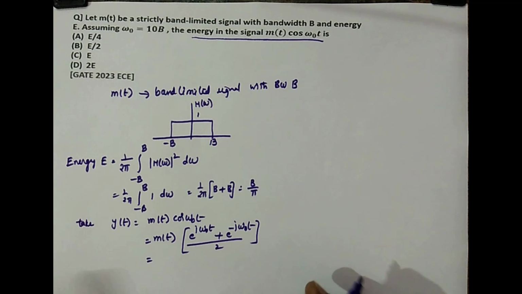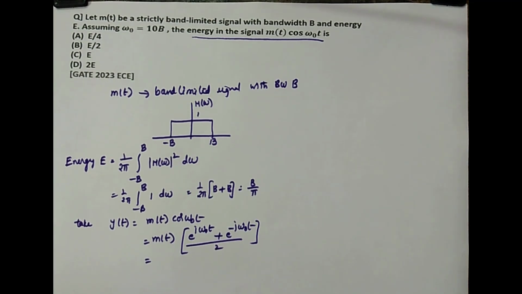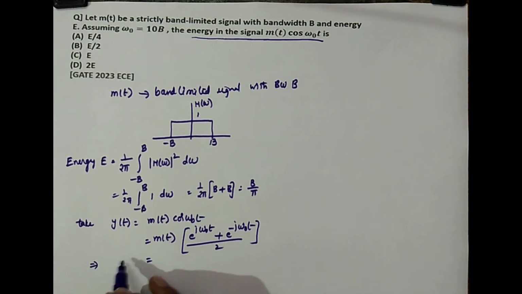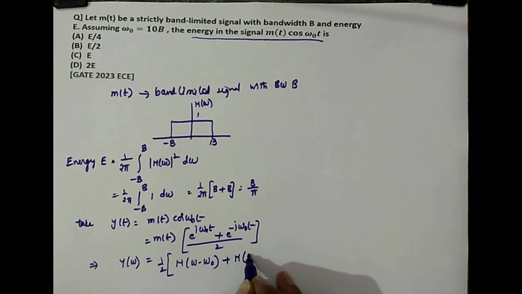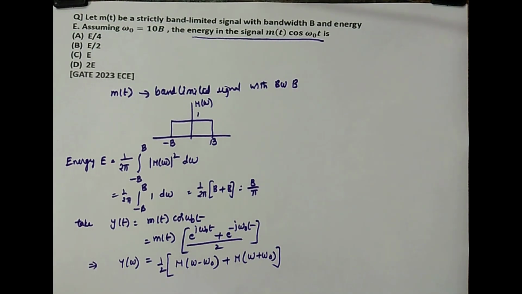Then from the property of multiplication with complex exponential, we can write Y of omega, or the Fourier transform of this total expression, as 1 by 2 of M of omega minus omega naught plus M of omega plus omega naught. If you multiply the signal with complex exponential, then there exists a shift in the frequency domain.